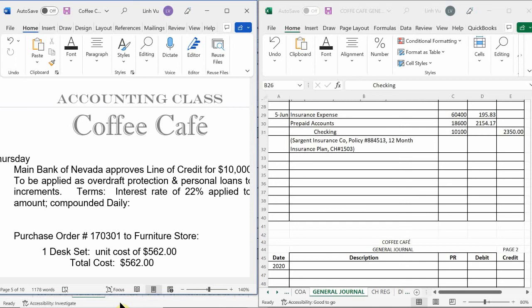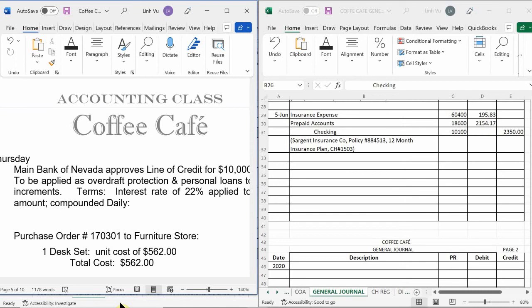Okay, would it go into equity? Let's look at this. You get a $10,000 credit limit line for overdraft protection and for personal loans to be taken out at $1,000 increments.